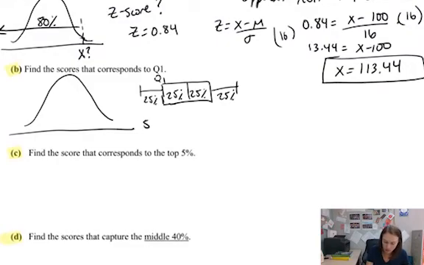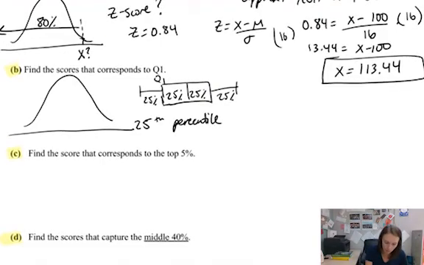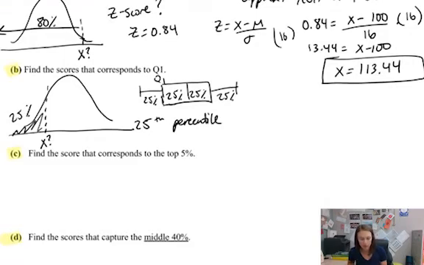So that's going to be the 25th percentile. So what you want to do is find whatever x value or z-score first, such that 25% is below it. I'm not going to do the rest of the problem because it's almost just like the one we did. We had 80%. Now we're going to be looking for 25%. You're going to get a negative z-score and work from there.